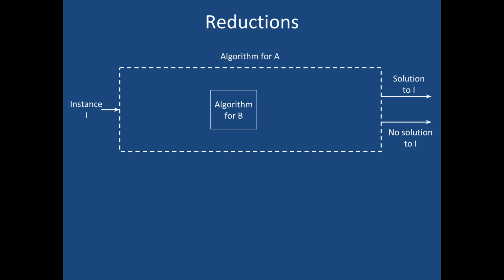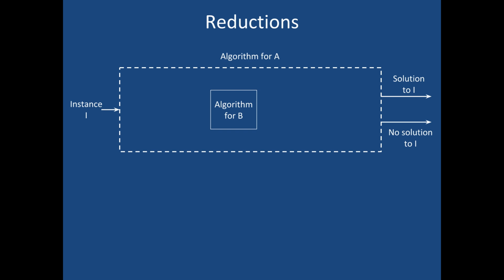Now, what we have to work with is an algorithm for some other problem B. Maybe A and B are somewhat similar, and you've got this idea that, okay, I've got this library method B, I want to use it to solve this problem A. But unfortunately, A takes slightly different input format than B does.